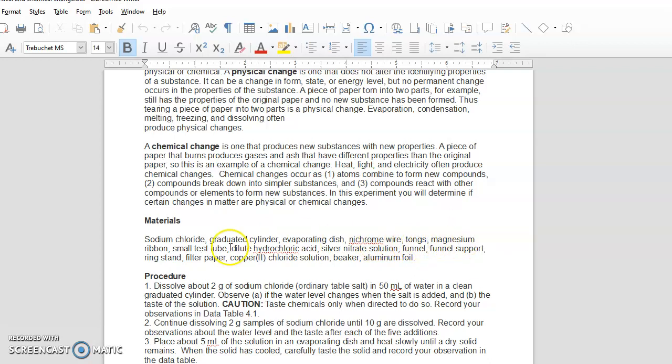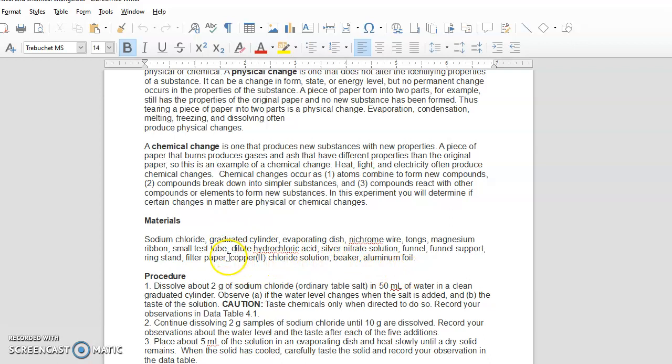A magnesium ribbon. If you don't have a magnesium ribbon, another way of looking at how magnesium reacts is if you've got a highway flare, that's usually made up of magnesium, where you pull something and the magnesium ignites. Small dilute hydrochloric acid, silver nitrate. It says here copper 2 chloride solution and aluminum foil.